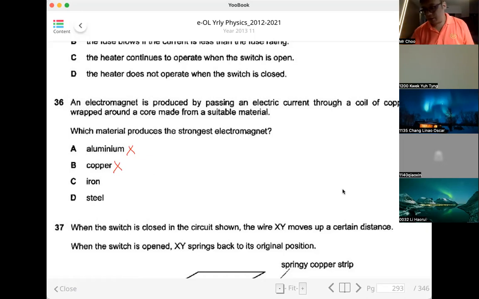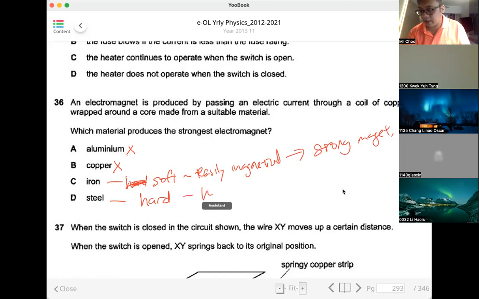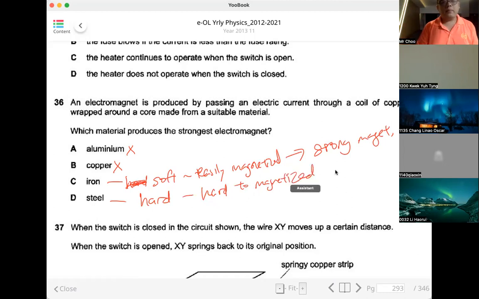So the question is this: this is a soft magnetic material, and this is a hard magnetic material. This one is easily magnetized, so it will give you a strong magnet easily. This one is hard to magnetize, so it is actually harder to become a strong magnet.